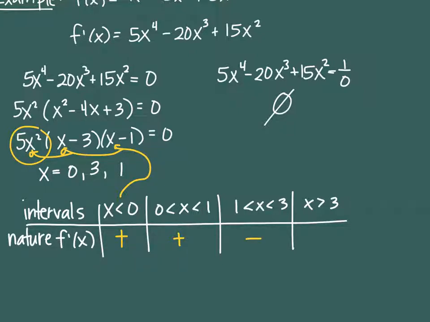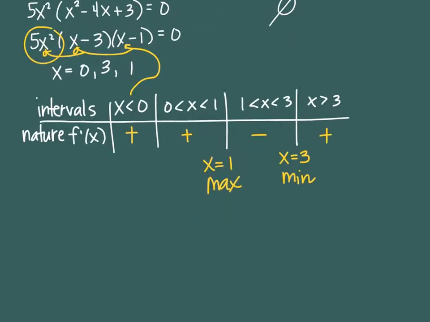And so that means that x equals 1, there's going to be a change in behavior because it's changing from a positive sloping nature to a negative sloping nature. And so x is 1 is a max when something changes from a positive slope to a negative slope. And then x greater than 3, that will give me a positive value again, which is another change. And so x is 3 is the min.